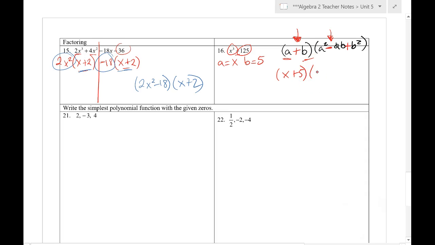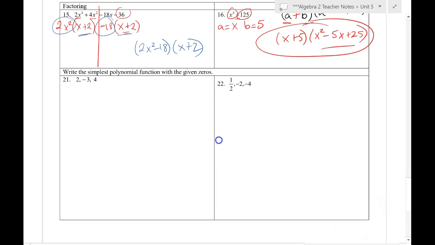Then a squared would be x squared, minus a times b, which is 5x, plus b squared, which is 25. And there's your answer. And that's completely factored out. You can't factor out this last one when you use that technique.